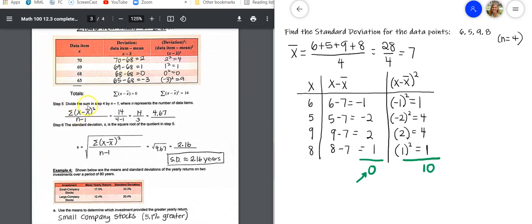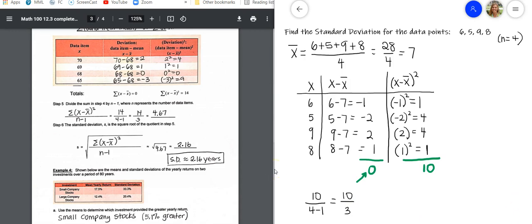Notice step 5, I know sometimes it looks kind of fancy, but we already found this whole numerator. That's what the 10 was. And we're dividing that 10 by n minus 1. Our n is 4. So I'm going to take 10 divided by 4 minus 1, which is 10 over 3, which I would typically leave as 10 over 3 and take the square root in this form.